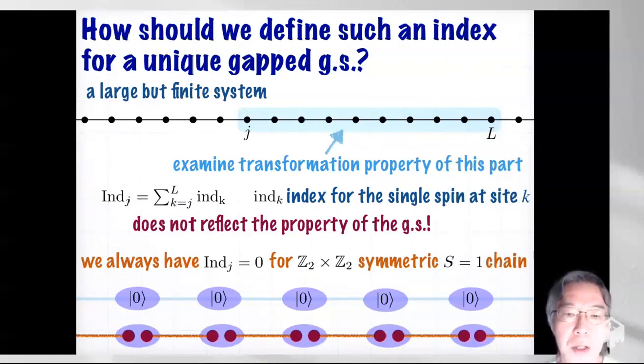If you want to define the index in this way, then the only way is to simply sum these spin indices, which are something you already know. So this does not reflect the property of the ground state at all. This is pretty bad. In particular, if we consider these two unique gapped ground states, then the index defined in this way is 0 for both states. So this index cannot distinguish between these two states. Okay, it's bad news.